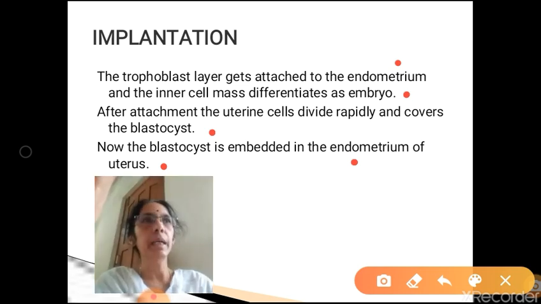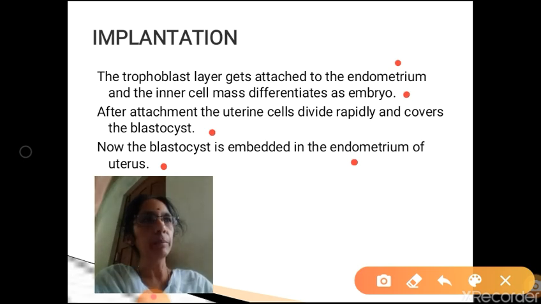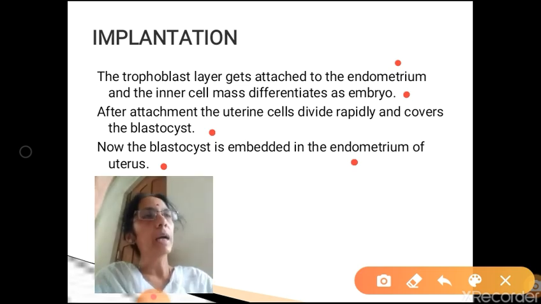You have studied that the blastocyst consists of the outer trophoblast and the inner cell mass. Now the trophoblast is attached with the endometrium. The inner cell mass gets differentiated to form the embryo. Once the trophoblast is attached to the endometrium, the endometrial cells will undergo a very fast mode of division.